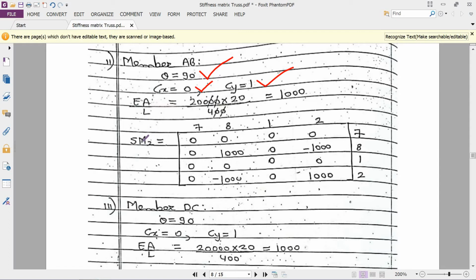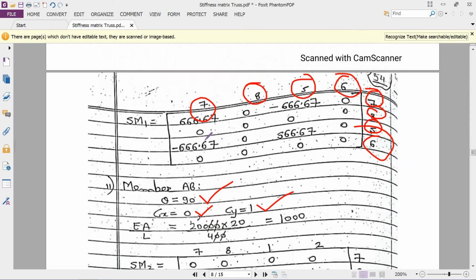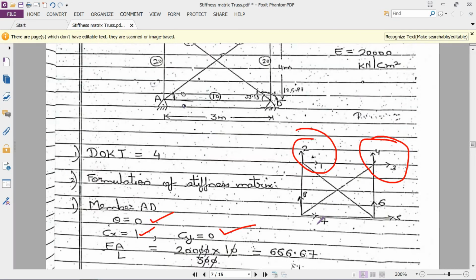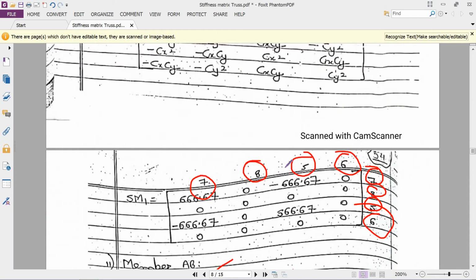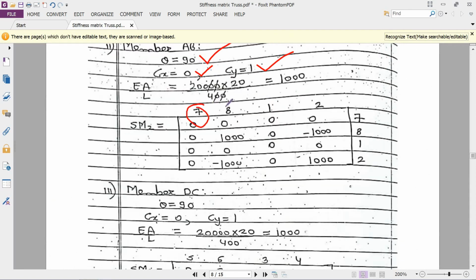Then accordingly we calculate SM2. Here the coordinates are 7 8 1 2, both row wise and column wise.